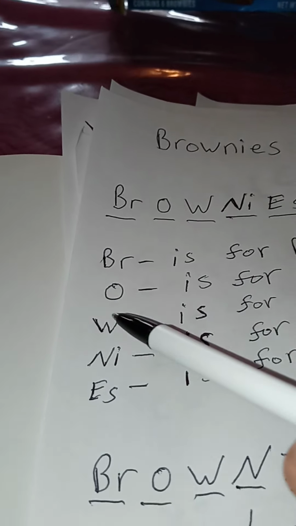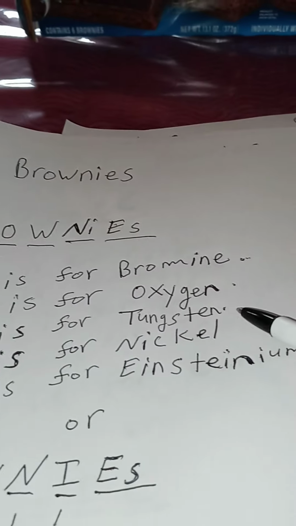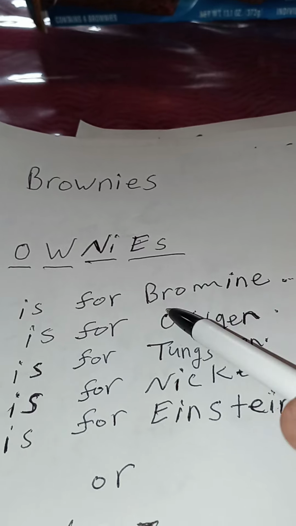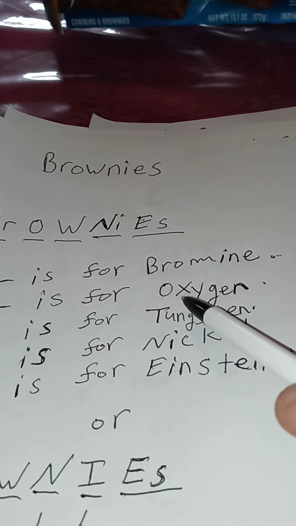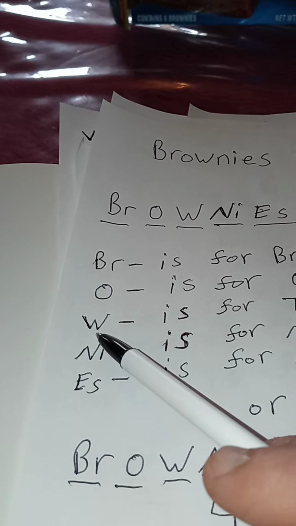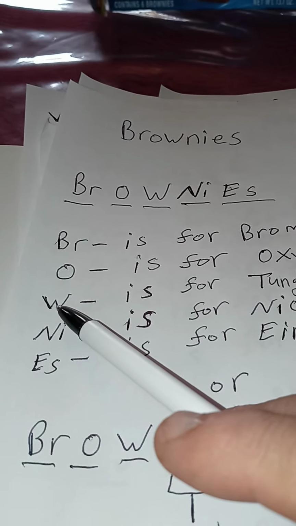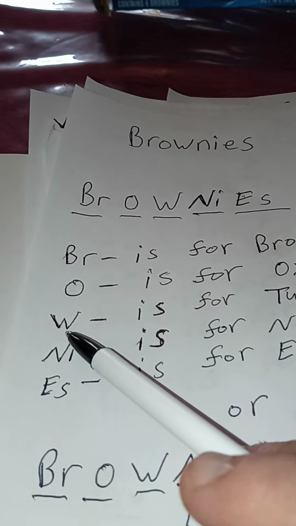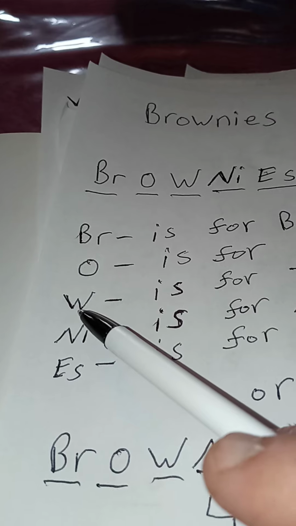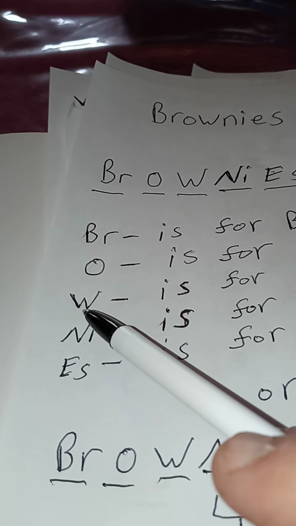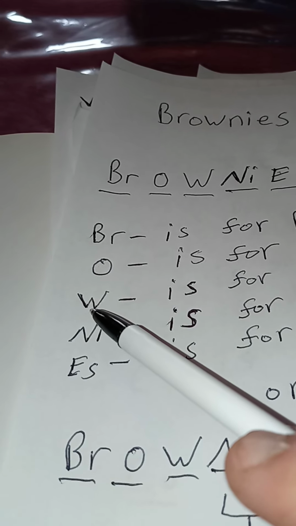Bromine. And you got capital O for oxygen. Now bromine is spelled capital BROMINE. Oxygen is spelled capital OXYGEN. We got W. Now be careful because although you have a chemical symbol with one letter, that letter may not be the same as the first letter of the element's name.